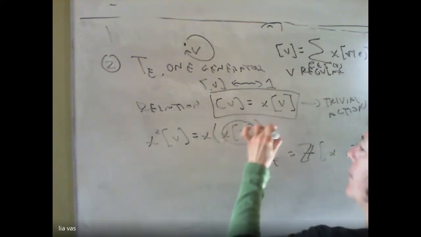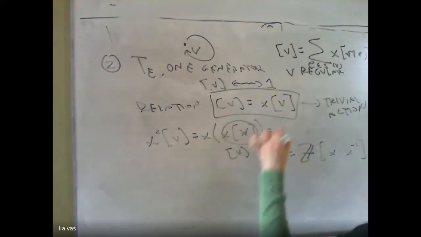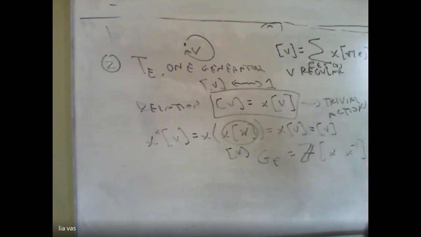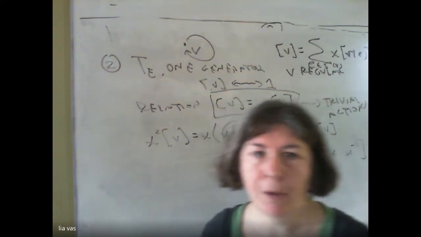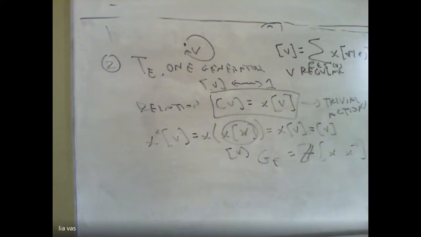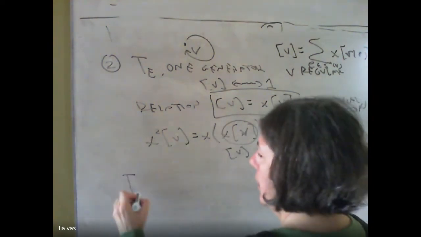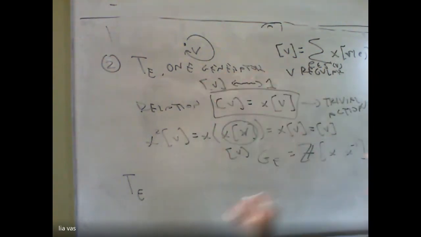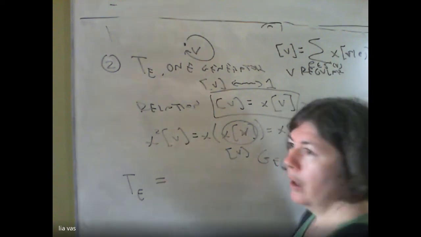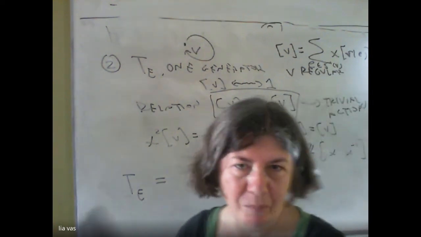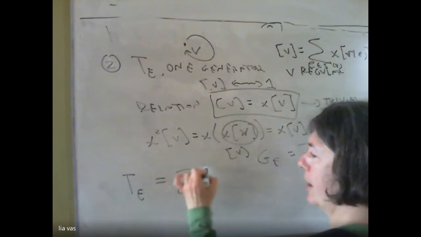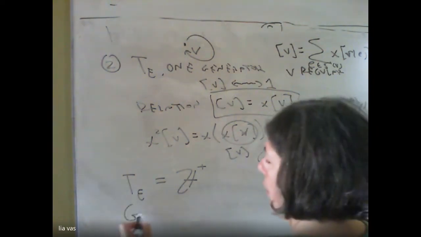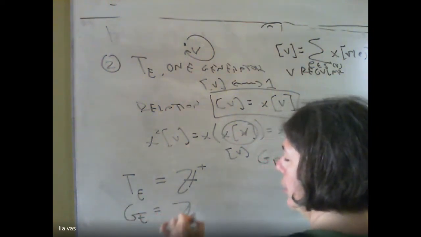And x times V is V. And then x times V is again V. So x squared, x cubed, x to the negative 55, none of them do anything. So if you think of this V as 1, then your talented monoid here is only 1, 2, 3, whatever, and 0, so it's just Z plus. There is no action of x, so there are no x's there. And then your Grothendieck group is just the integers.